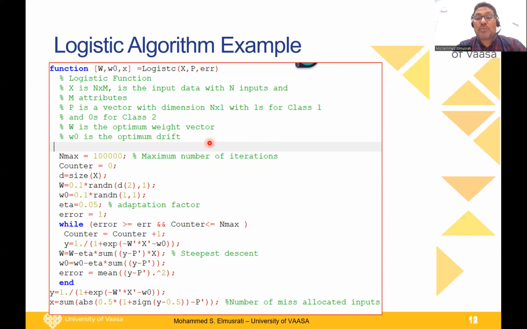This logistic optimization can easily be extended to multiple classes, more than 2 classes. But the idea here is to show the concept of using it. Also, I will record one short video on how to use this function for logistic classification of 2 classes and also for multiple classes. Thank you very much.